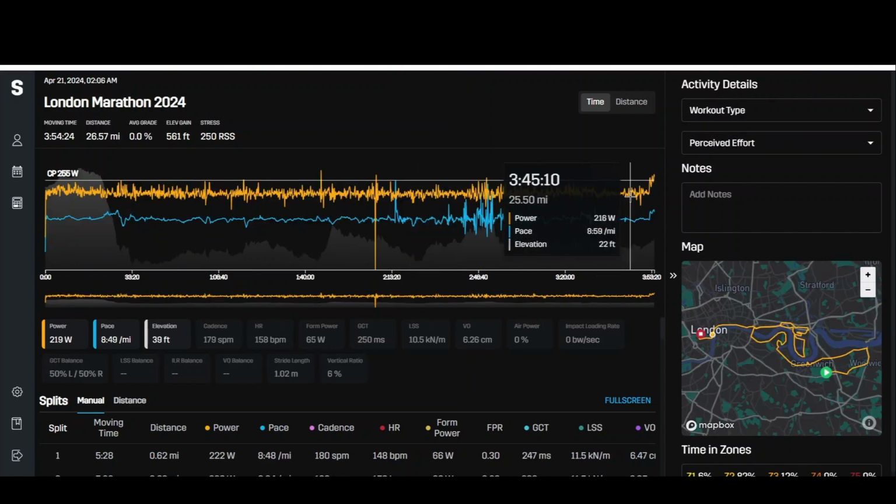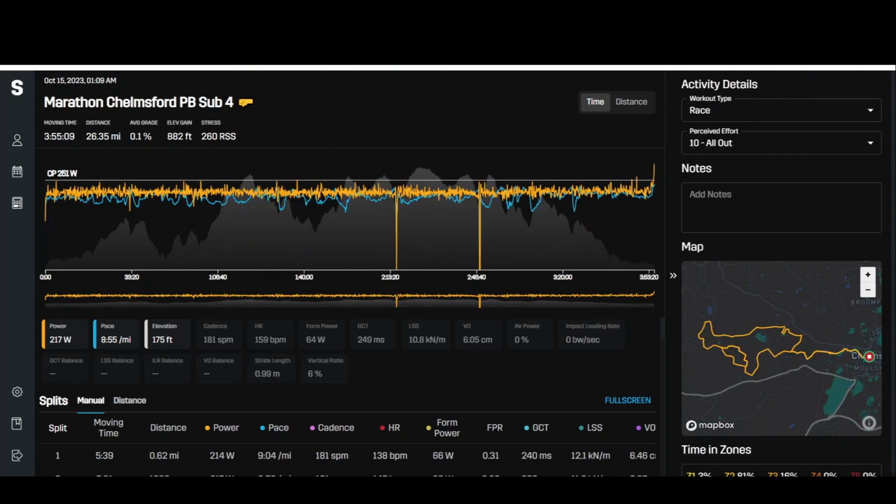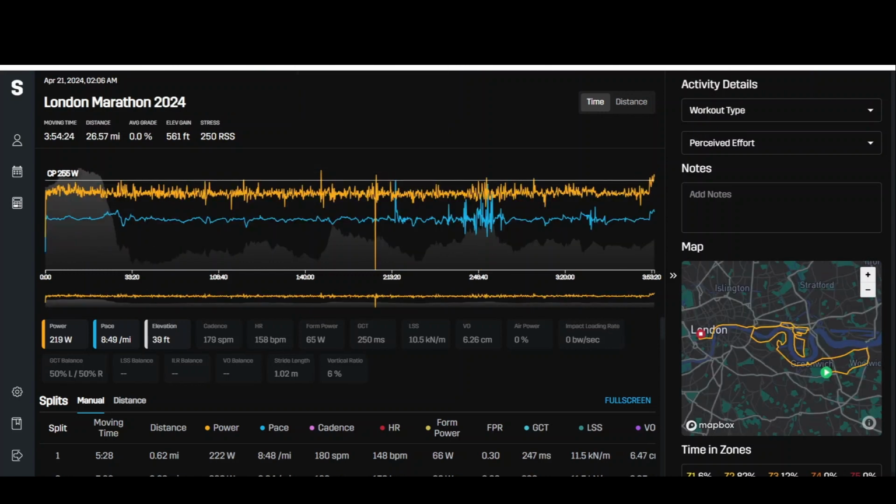Well, here is another marathon, and you can see that this one is a little bit flatter. This one had 882 feet total climbing. This one had a little bit less, 561 feet of total climbing, and that will have the effect of raising the running effectiveness a little bit, but also 0%.